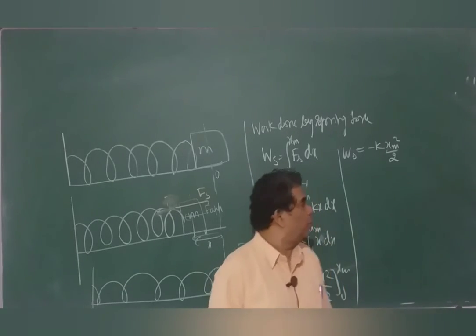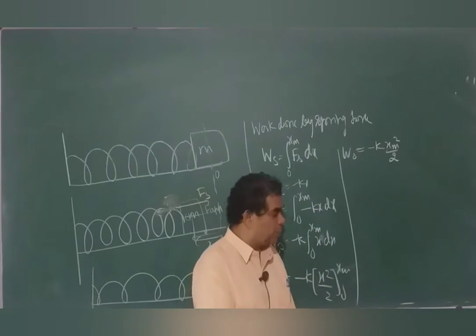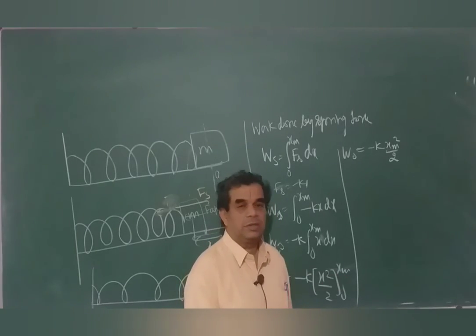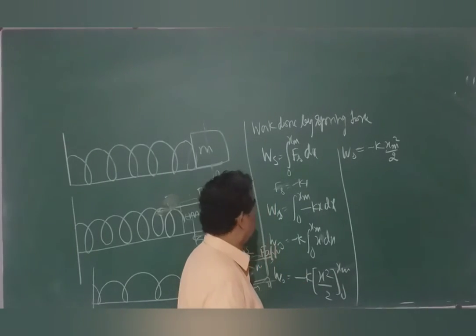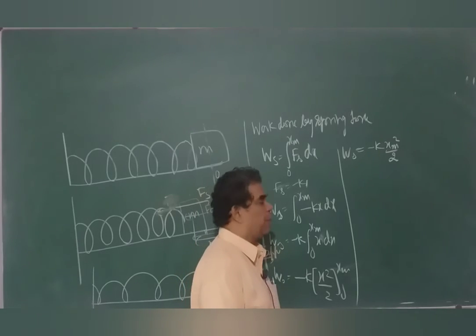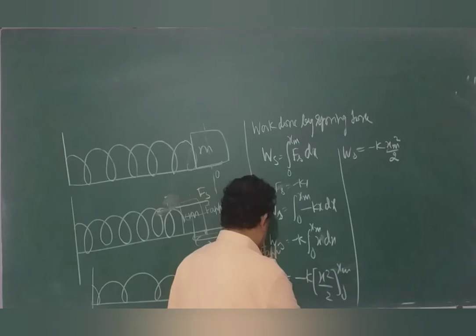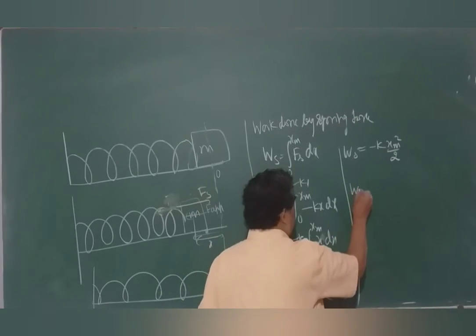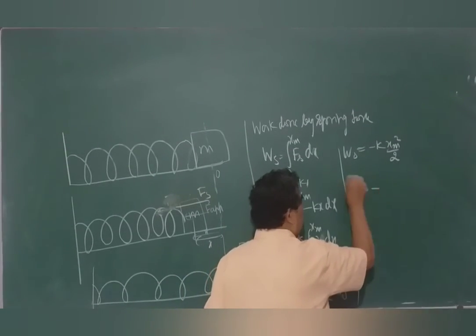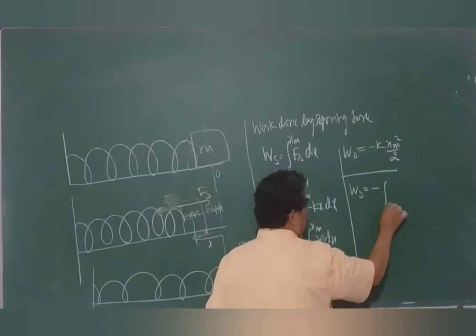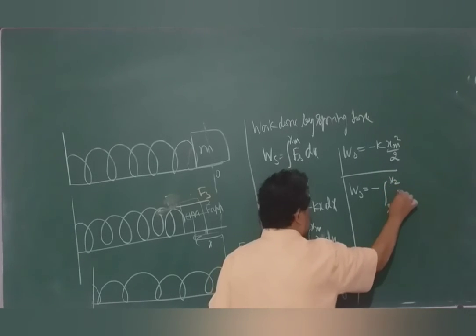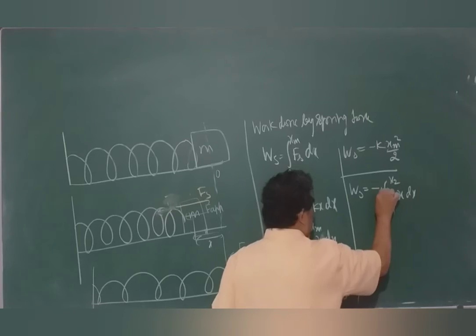Once we have the expression for work done by the spring force, if you think of expanding the spring from x1 to x2, we get Ws equals minus k integral from x1 to x2 of x dx.